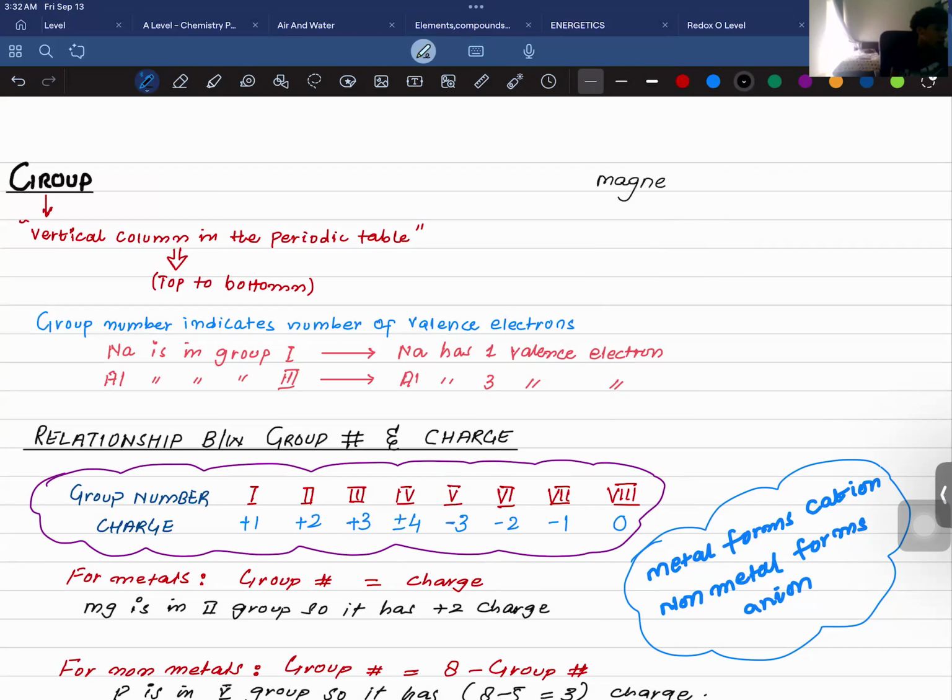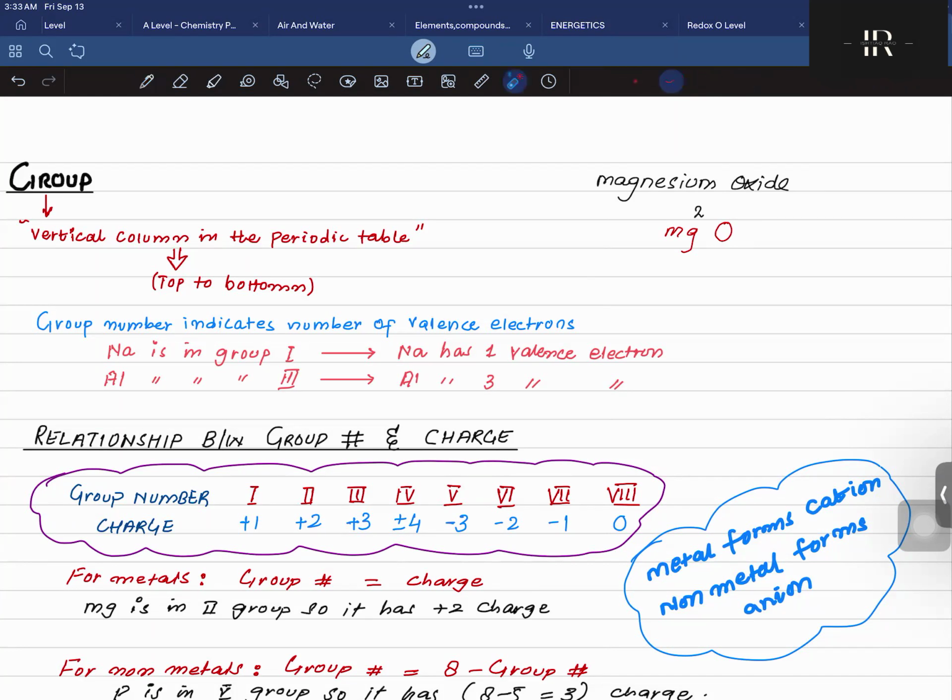Okay, magnesium is in group 2, and oxygen is in group 6. So it will be Mg2 and O6.